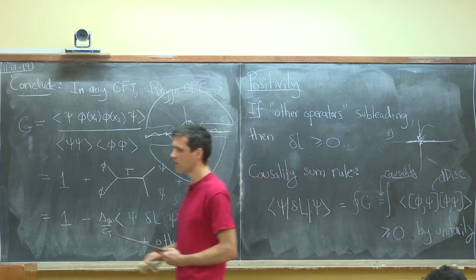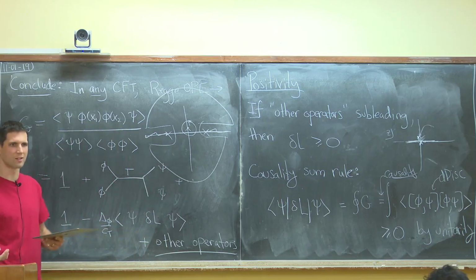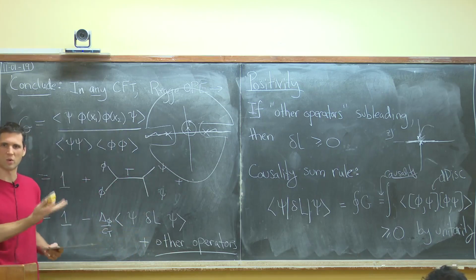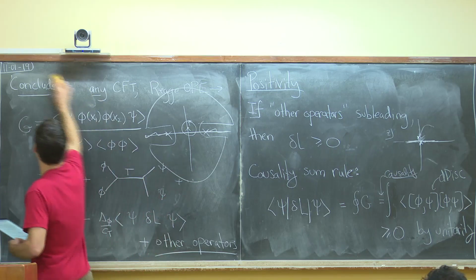So the status now is that if we can show delta L is the leading contribution, then we know that it's positive. Okay, so now we need to understand when it's leading.